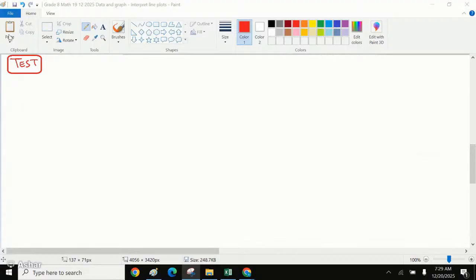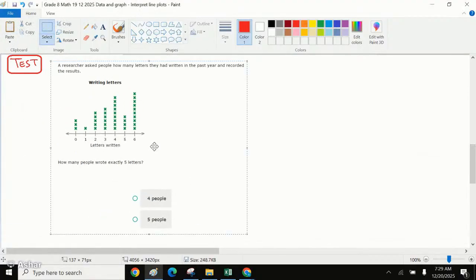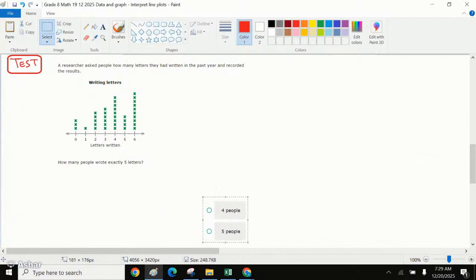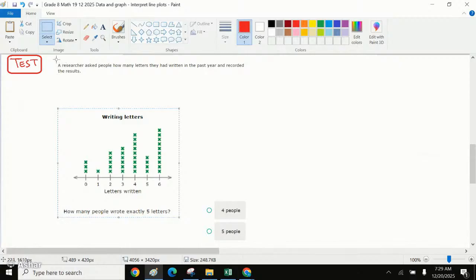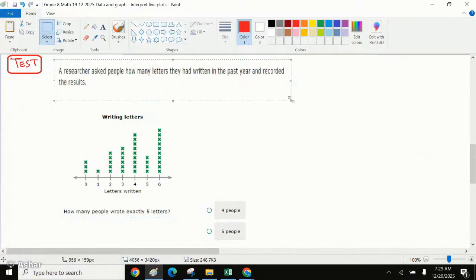If we do this, this is the question given to us. These are the two options that we have. And this is what they're asking us. Let's just post it there and bring it down.